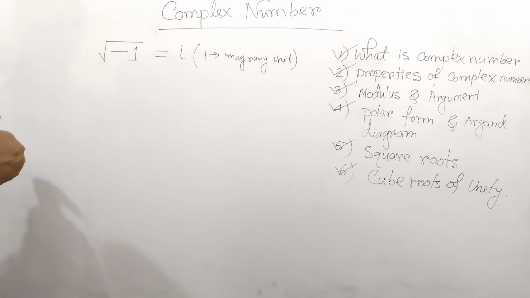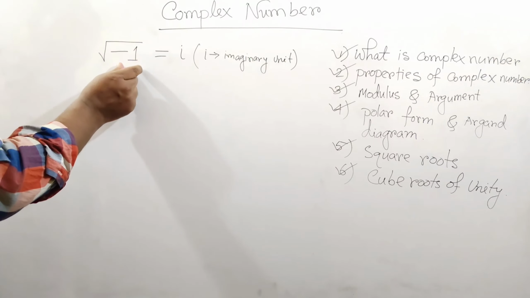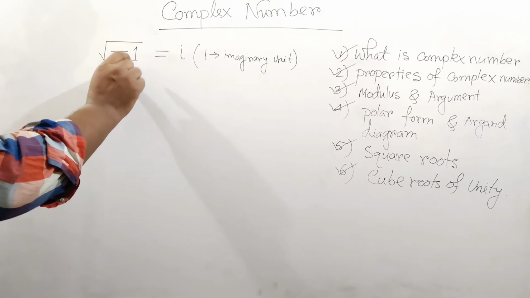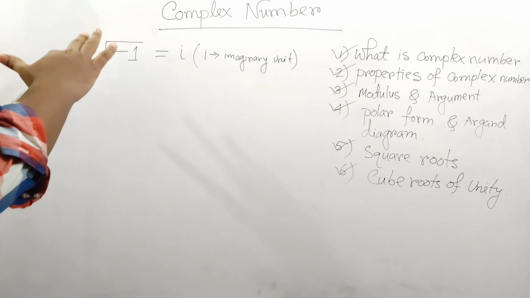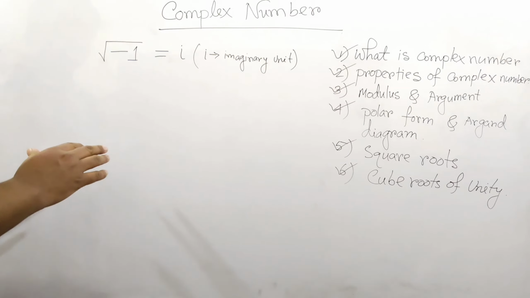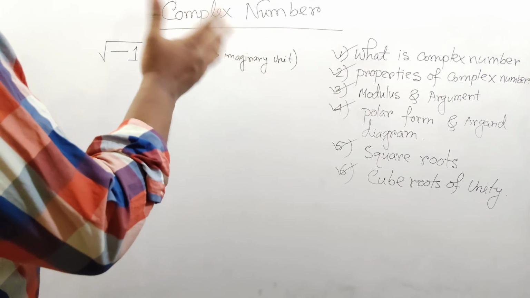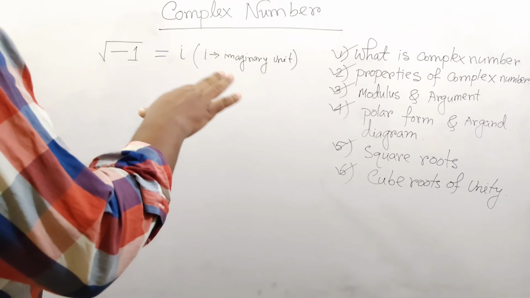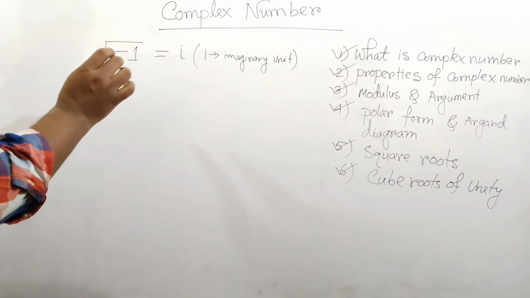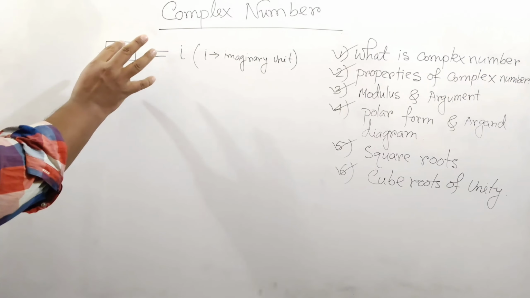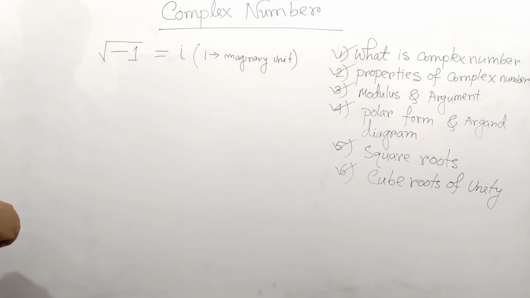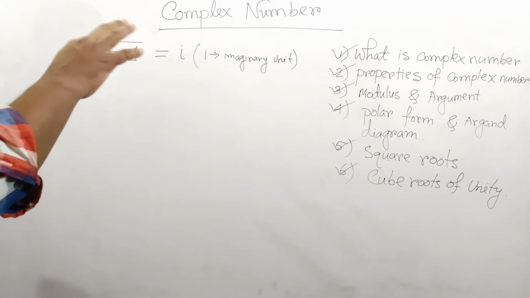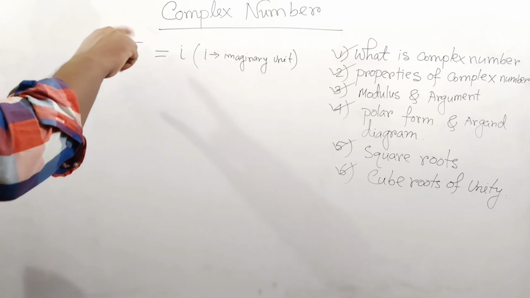That means when there is any negative number inside a root, then we use this i. Actually in our other topics except complex numbers, if a negative number ever arises inside a root, then we always ignore it, but in this chapter we'll do all the sums about this negative root.